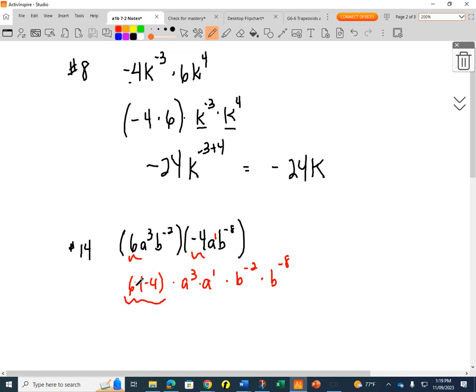6 times negative 4 is negative 24. These have the same base, so this would be a to the third plus the first power. These have the same base. This is going to be raised to the negative 2 plus the negative 8th power.